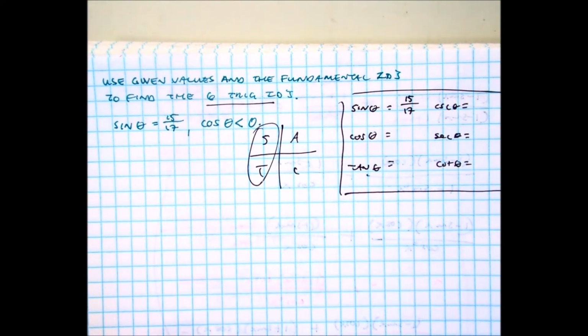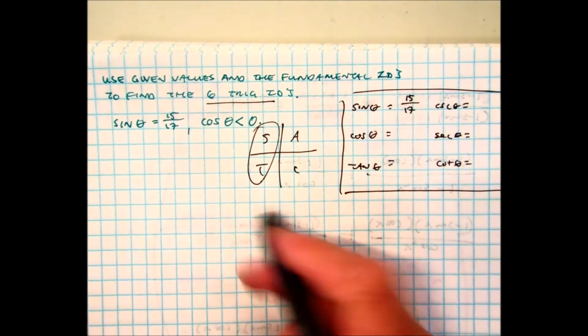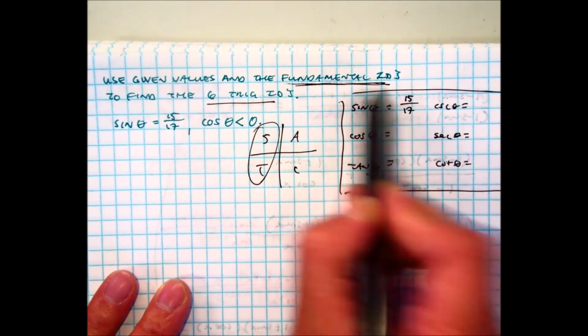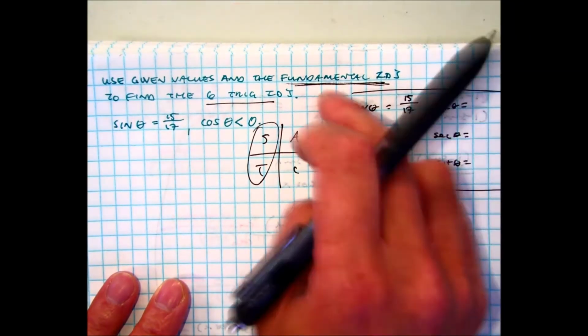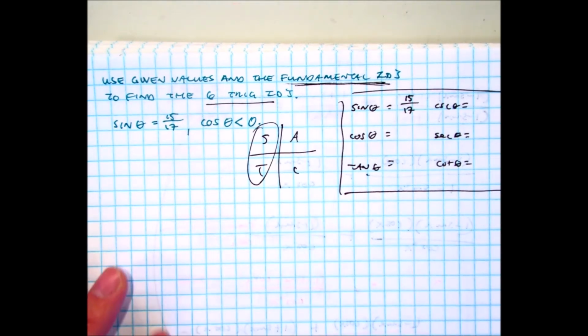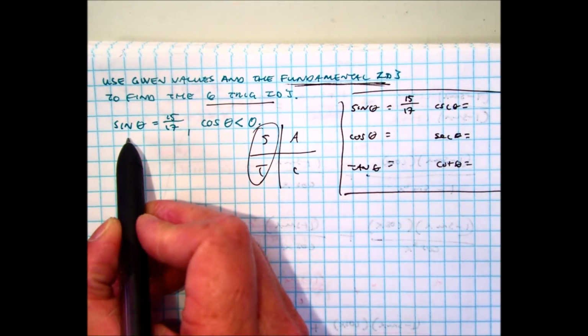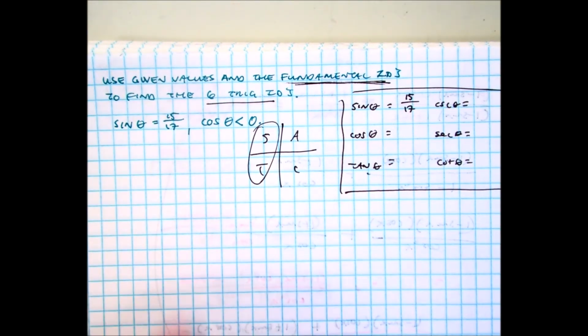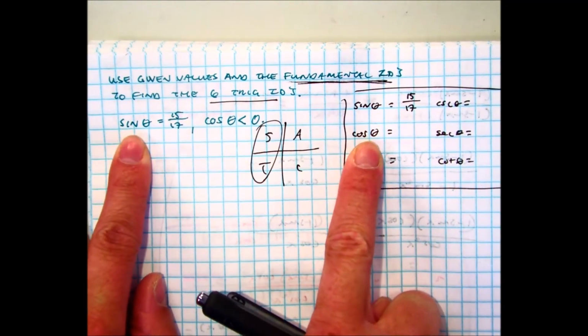Now, remember, don't be tempted to use the triangles. You can use the triangles to check your answer, but it's telling us to use the fundamental identities. And this is a similar question to the one on the back side of your quiz that you'll see later on. Okay, so which identity do you guys want to use to help me find the rest of this? What would you use with sine and cosine?